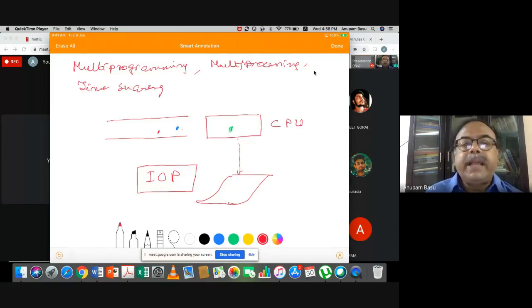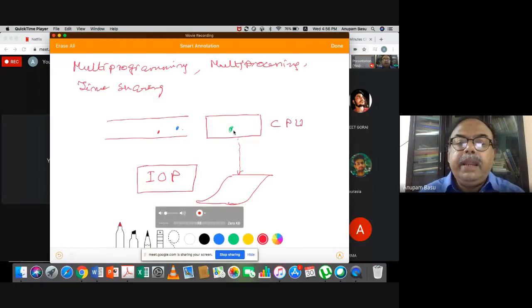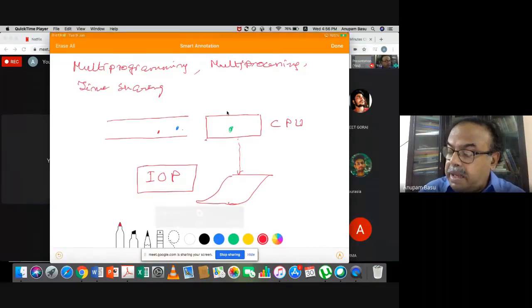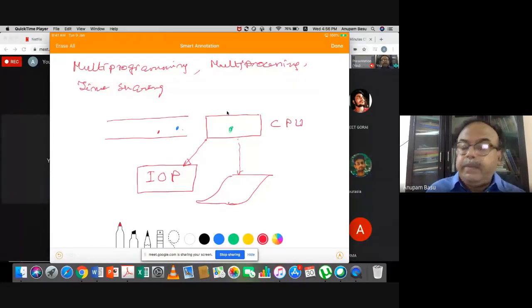So when the CPU sees that this green program needs to have something printed, it can simply communicate with the IO processor and tell it: this is the green program, its address and everything, and what needs to be done is the printing.